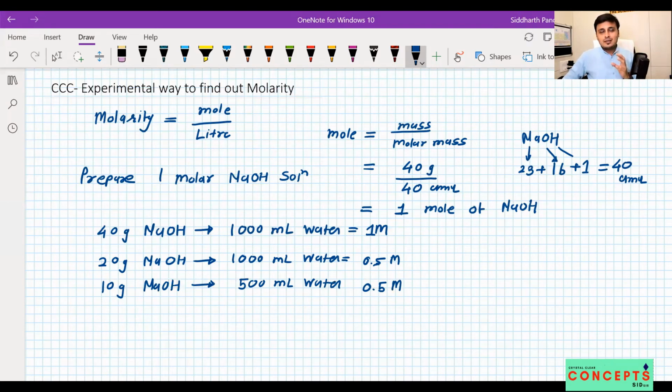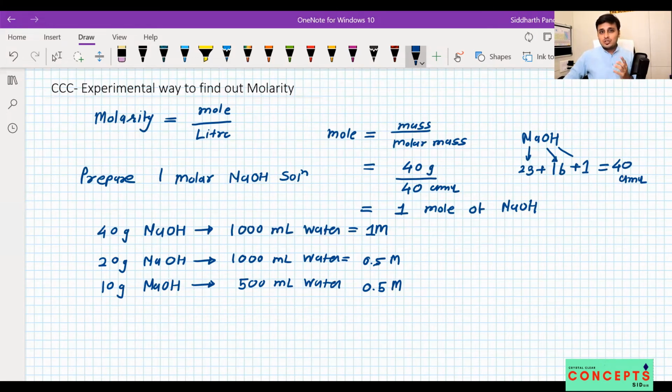We can get any molarity, any volume by just doing this sequential calculations. We have to start with 1 molar ideal solution. So first of all, like 40 gram NaOH, 1000 ml, 1 molar.